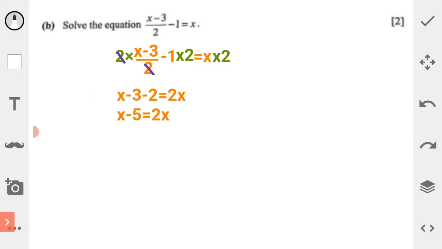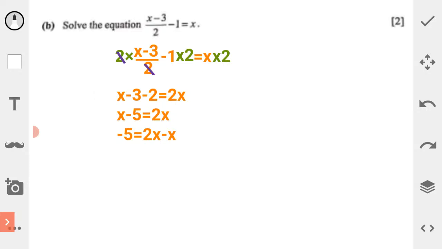Once I've done this, the next thing I'm going to do is put the like terms together. That means 2x and 1x will be on one side of the equal sign, and I'm going to remain with the negative 5 alone on the left side. So I'm going to write negative 5 is equal to 2x minus x, because the x on the left side, when it crosses the equal sign and goes to the side where there is 2x, becomes negative, so it will be minus x.